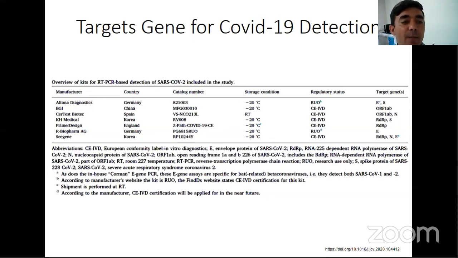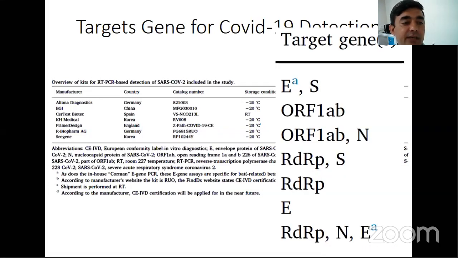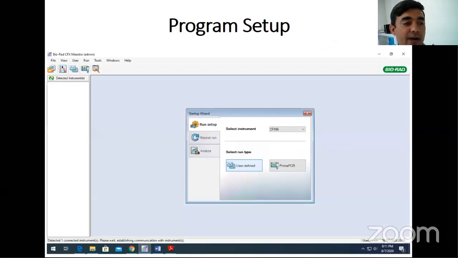Or there can be multiple genes, always with the help of an internal control, and in most cases the internal control used is RNase-P. RNase-P validates whether the extraction process was well performed or not. Here the target genes are highlighted. These are all the different viral targets used for the detection of COVID-19.